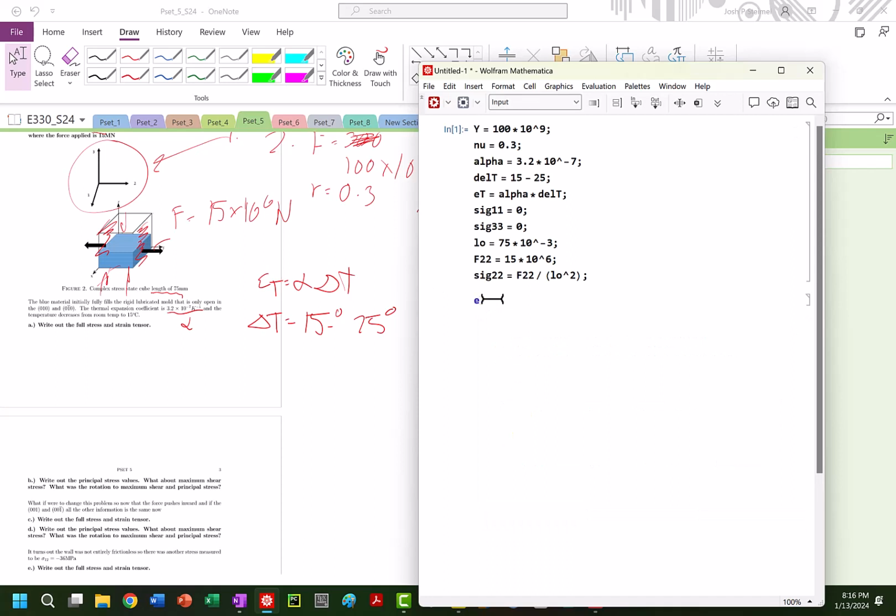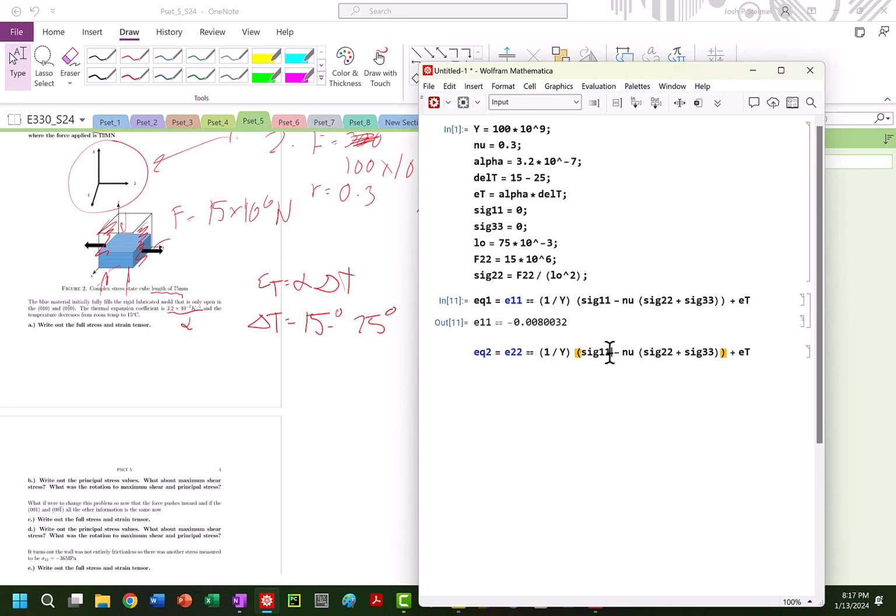I'm going to call equation 1, EQ1, equal to E11, which is equal to 1 divided by Y times sig11 minus nu times sig22 plus sig33, all of this plus epsilon T. So that is going to be our first equation. And then we already have it all set up. Equation 2 is equal to this.